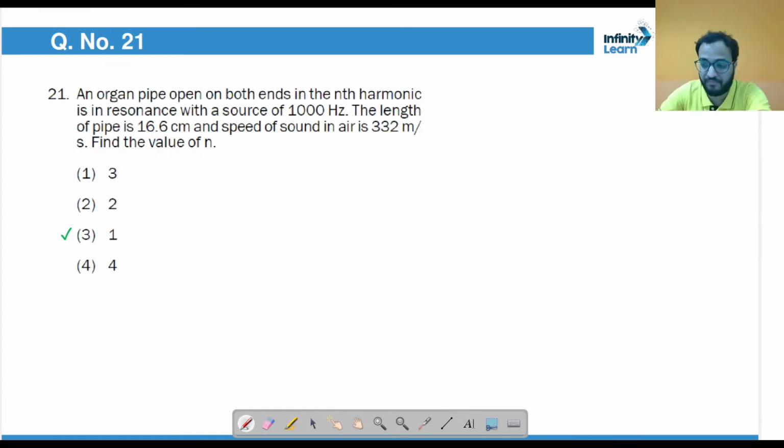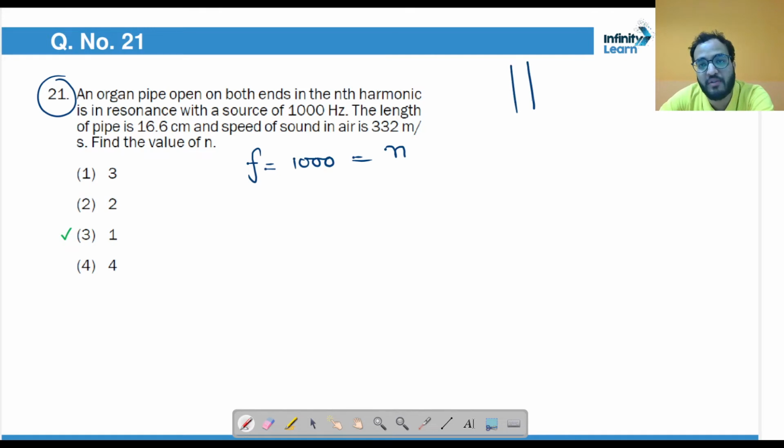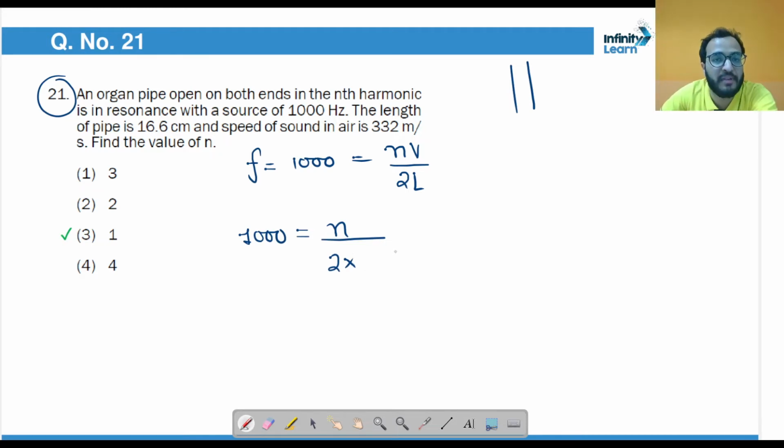Now 21. These are some easy questions. An organ pipe open at both ends in nth harmonic is in resonance with a source of 100 hertz. It is open at both ends, so we know the formula. It is nV by 2L, right? So 100 is equal to n by 2 times V over L. L is 16.6 centimeter.